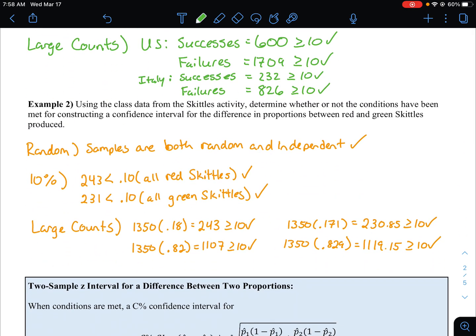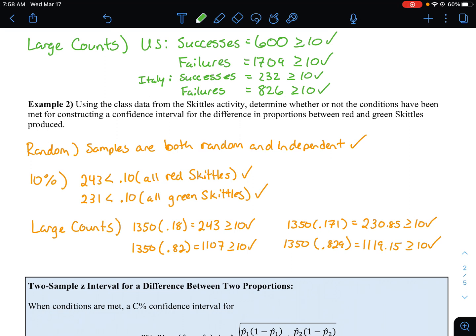Okay, for the Skittles activity, we can assume that samples were both random and independent. We had 243 Skittles that were red, which is less than 10% of all red Skittles produced. Likewise, 231 green Skittles, which is less than 10% of all green Skittles produced.